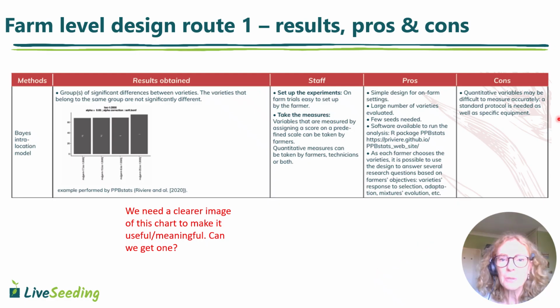Cons, quantitative variables may be difficult to measure accurately. Right, so that's where, if you do have this distributed model of farmers collecting the data themselves, which is great, then it has to be really clear how those things are measured. Things like disease assessments. There's many different ways to assess the level of disease damage on leaves.